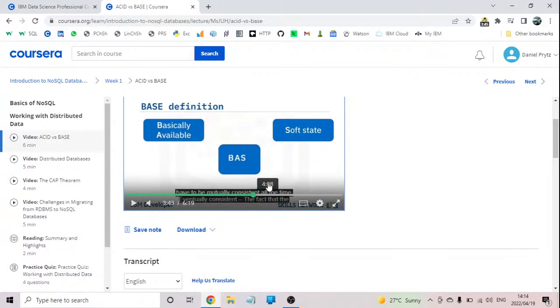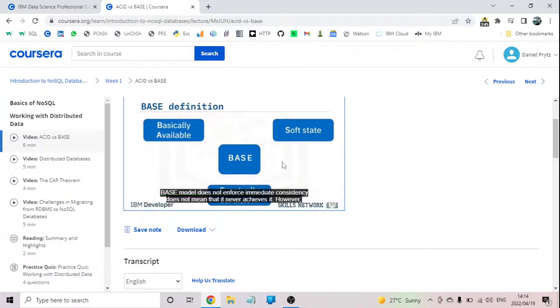What does it say? The fact that the data doesn't force consistency, consistency may eventually be achieved, but at what cost, guys? But at what cost?